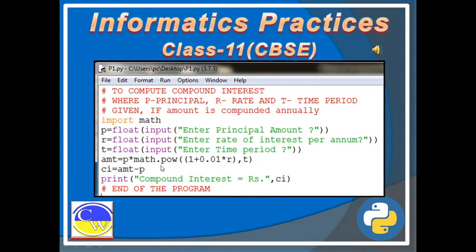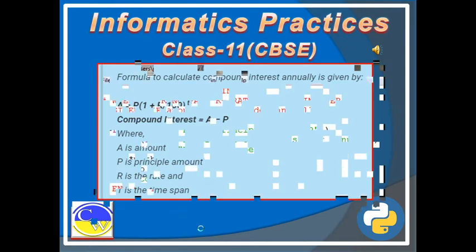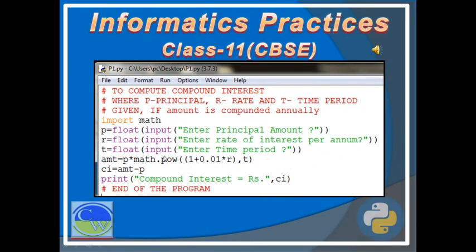What for? To calculate the exponent. Because in the formula you can see P into (1 plus R by 100) power T. For raised power, you can either use the exponent symbol, that is the double asterisk, or you can use the math.pow function. So I am going to use the pow function of the math module.